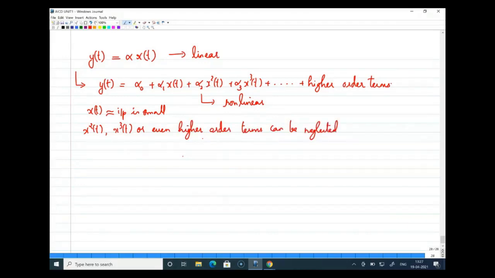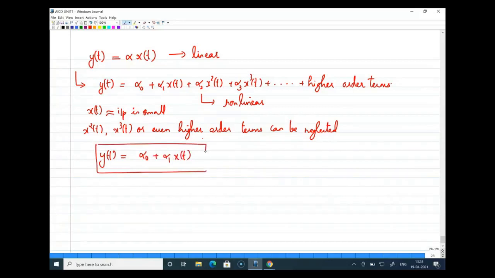Since your magnitude is in milli or micro and the square and cubic terms will be still smaller, we are neglecting all those things, and we are approximating this expression as alpha naught plus alpha 1 x of t only. Now how will we understand this? If you look at this expression, this is the output, this is your input signal, this is your gain, what we call the small signal gain, and this is your DC level or the operating point, the output DC level. All right. I hope this made sense. If you have questions, you can ask.